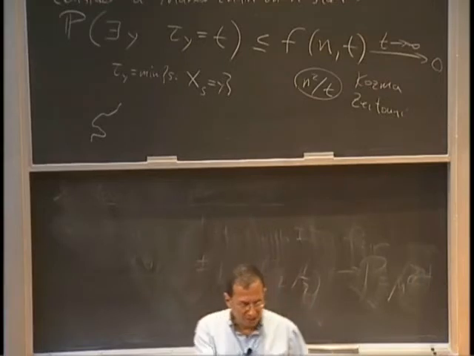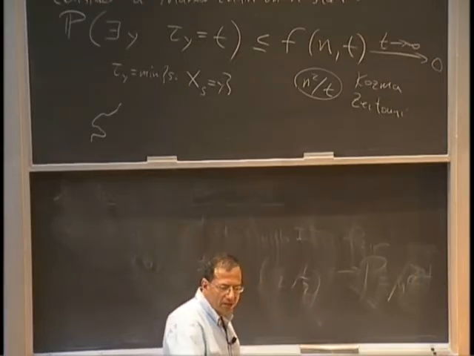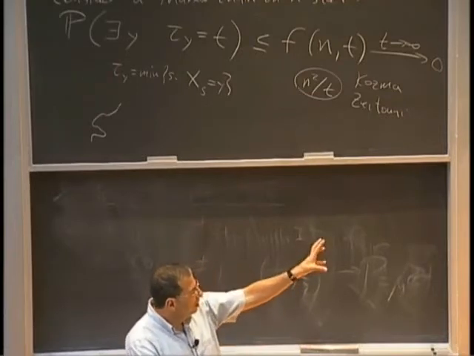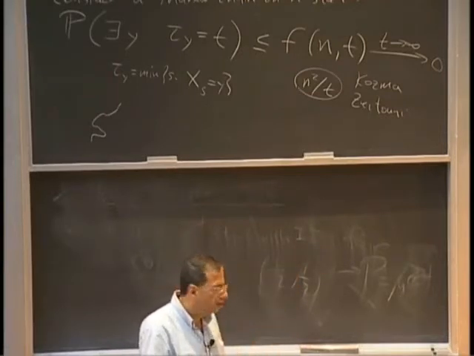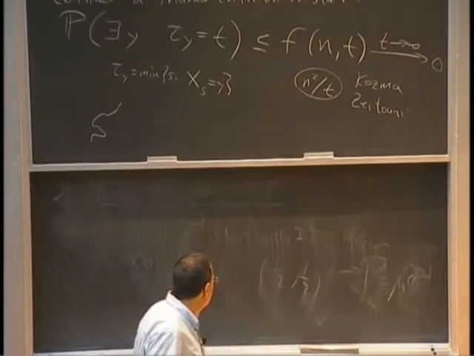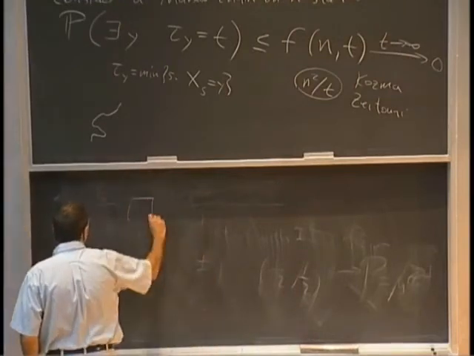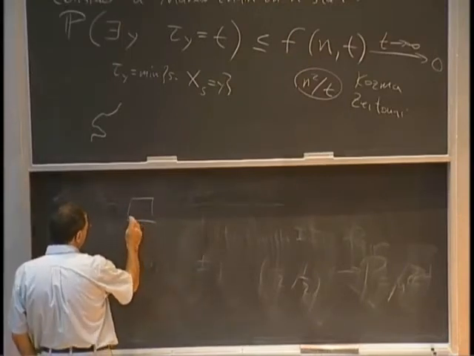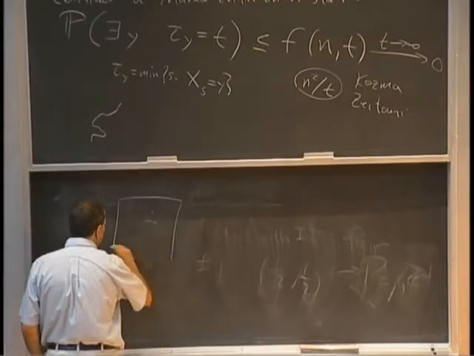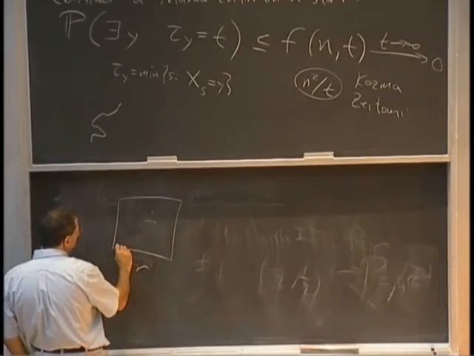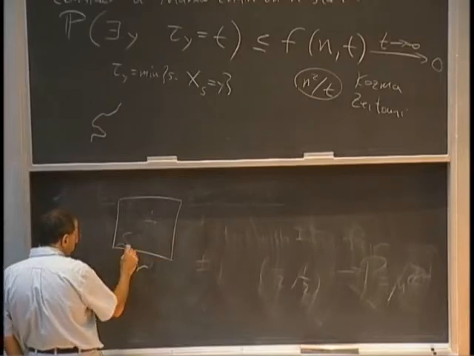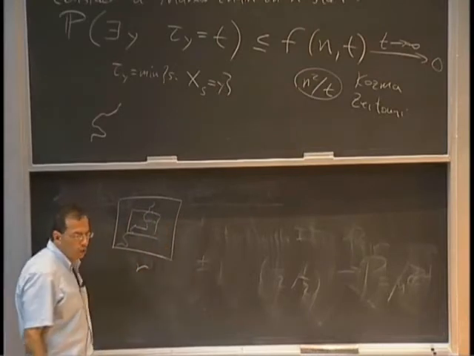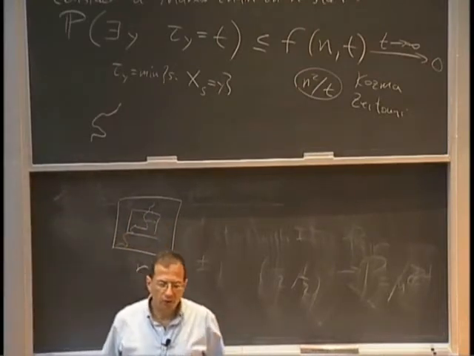Right. And certainly, as I mentioned, there's something related coming up in interlacements, and so as I said, once you decide that this is the property you want, this kind of thing is well understood. If you have a box of side R, let me draw it a little bigger. You know that random walk, if it enters the middle of the box, is likely to fill R squared of the points.